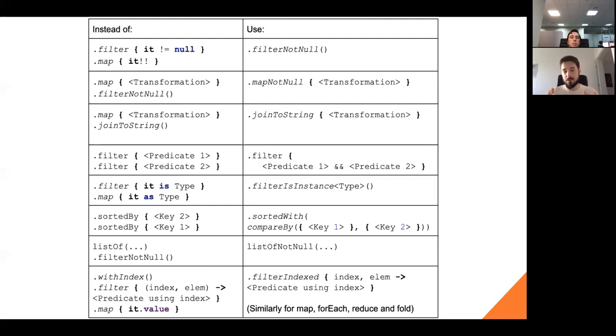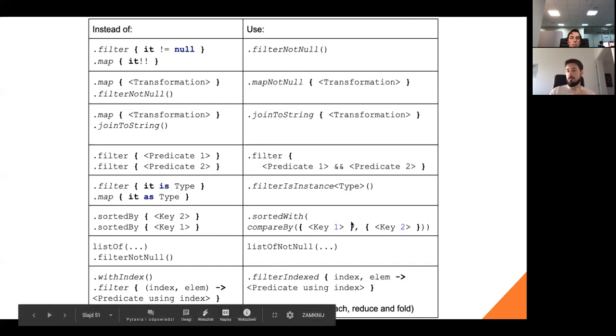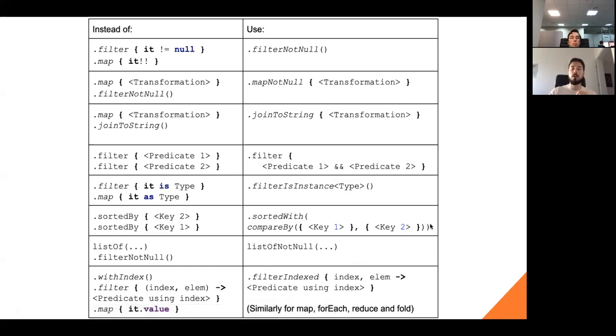Multiple sorted: when you want to sort by multiple keys, you can use sortedWith that accepts a comparator, and you produce the comparator with compareBy. We compare by the first key, and if elements are the same in terms of the first key, we compare by another key. Instead of making a list and filtering out nulls, we have listOfNotNull, and we also have many indexed functions.